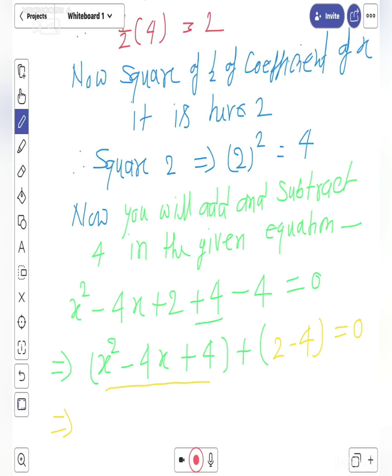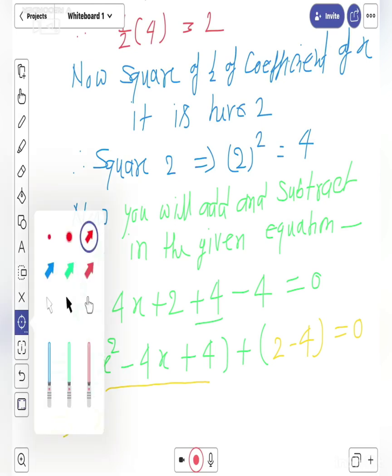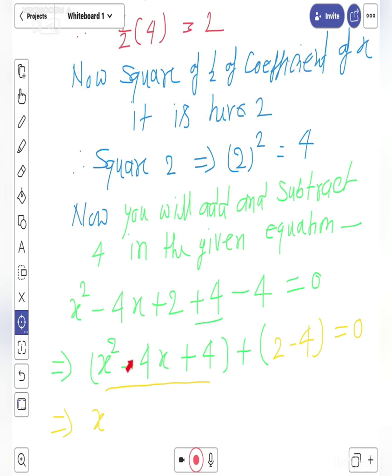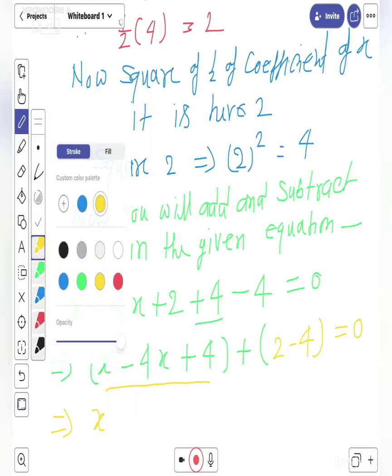So after this you will get this step. This is the perfect square of an algebraic expression. So you will write here x and then this sign. Which sign is given here? This is the negative sign. So you mark the negative sign here, observing only this sign.